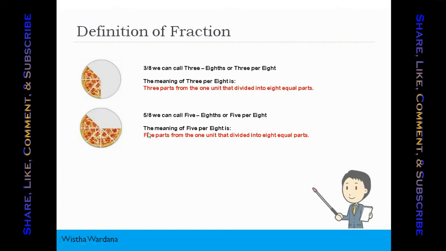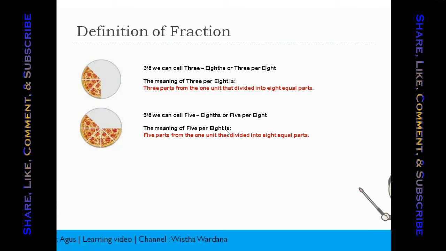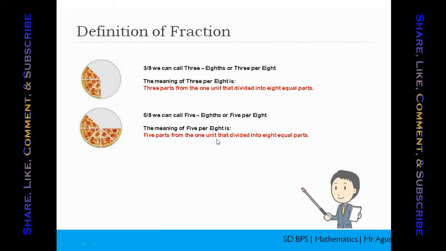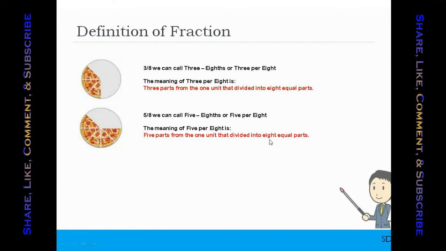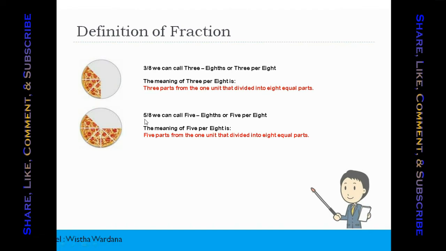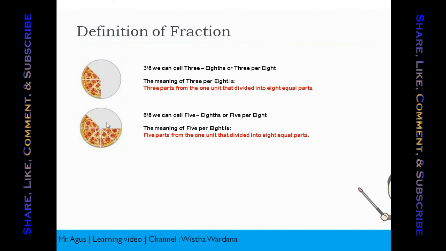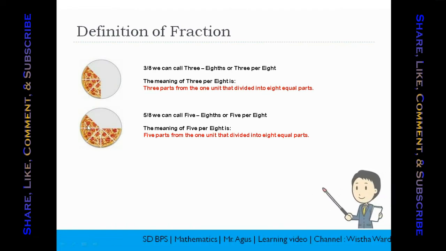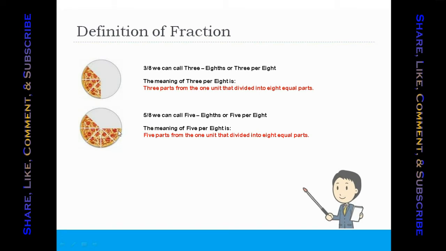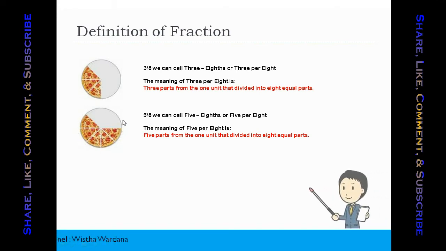The meaning of 5 per 8 is 5 parts from the 1 unit that divided into 8 equal parts. In this case, the numerator is 5 because we have 5 parts of them. And the denominator is 8 because one pizza cut into 8 equal parts.